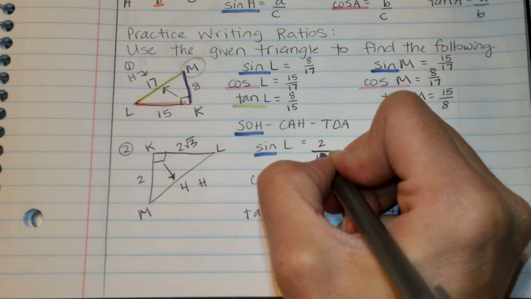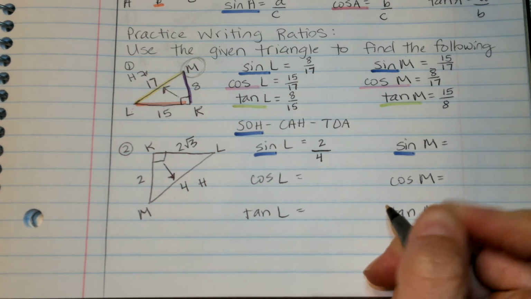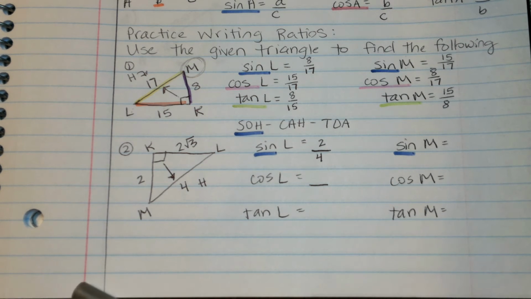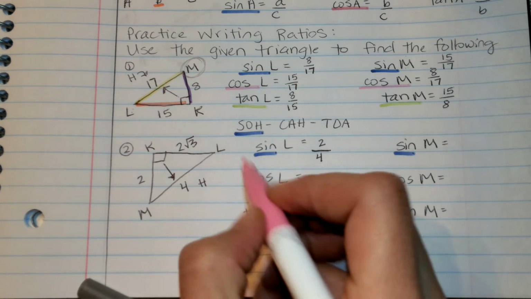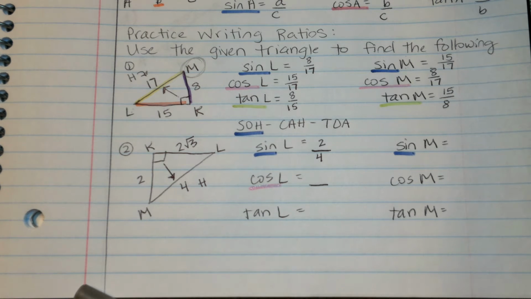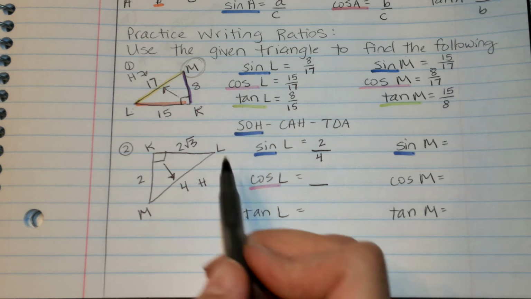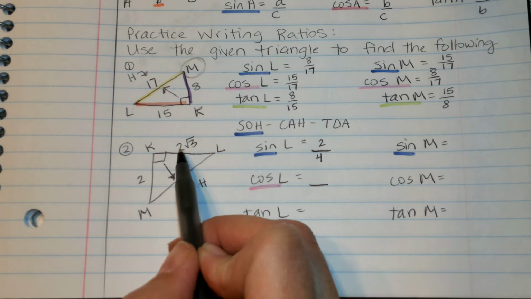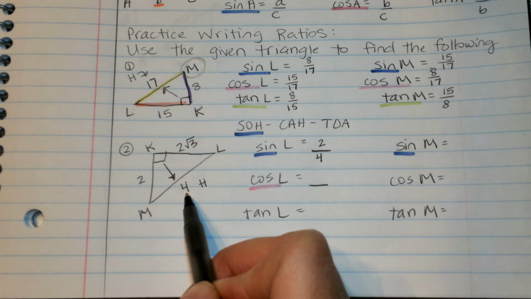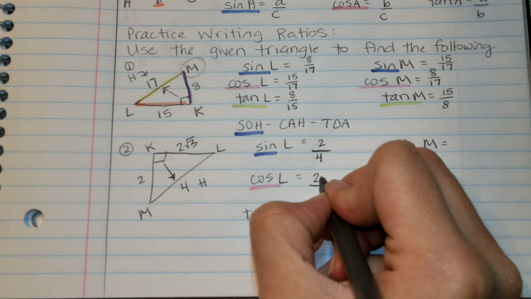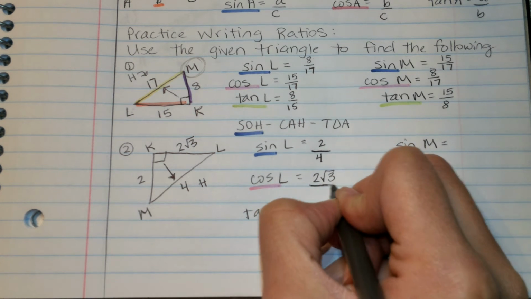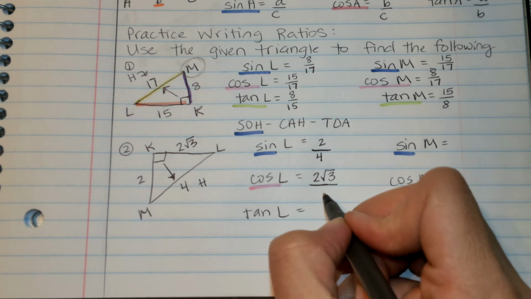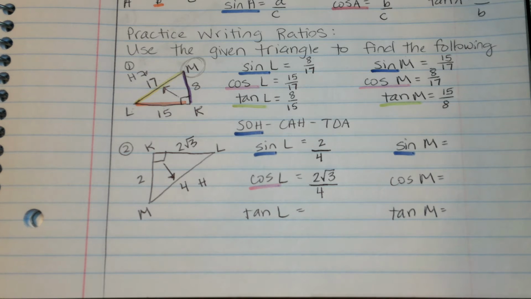And you don't have to reduce it. You might think, oh, that's 1/2, but just keep it as a 2 and a 4 for right now. So cosine from L is adjacent over hypotenuse. From L, adjacent is 2 square root of 3, over hypotenuse, which is 4. You just write it like that, and if you had to put it in a calculator, which you might later, just put it in like that, and then over 4.